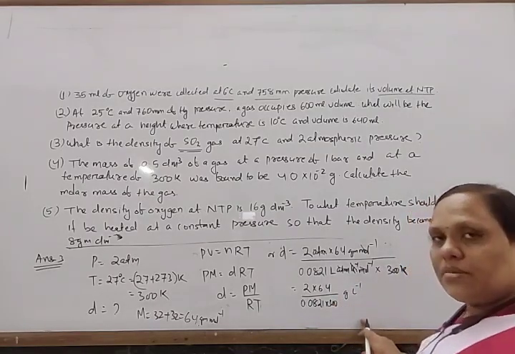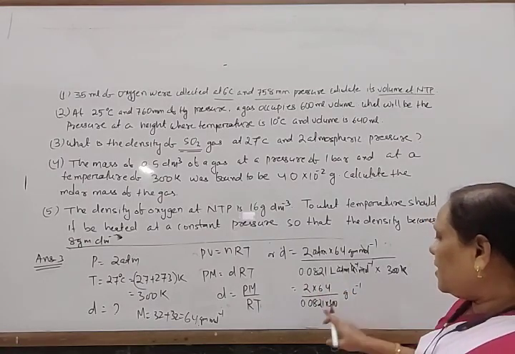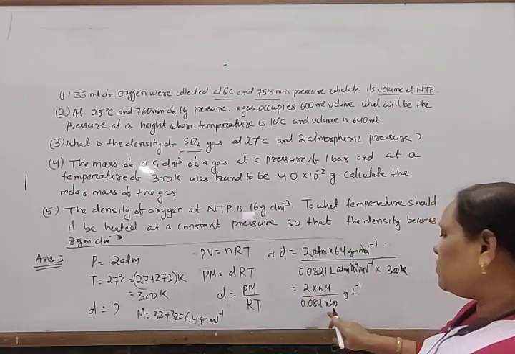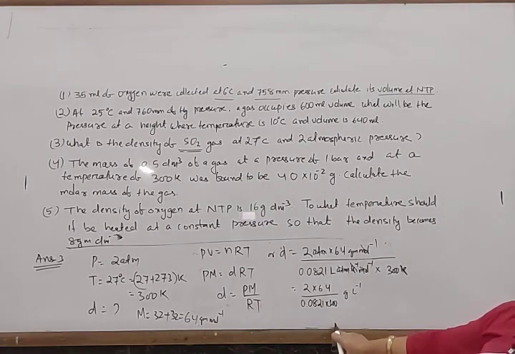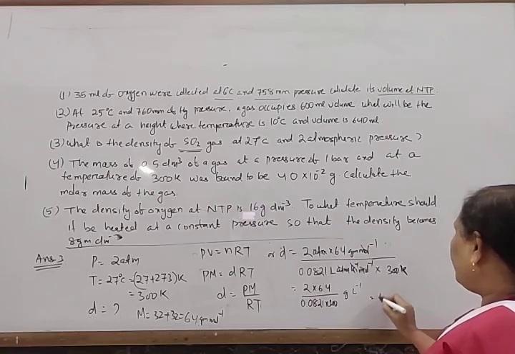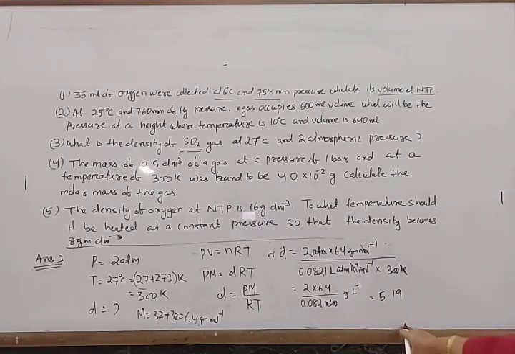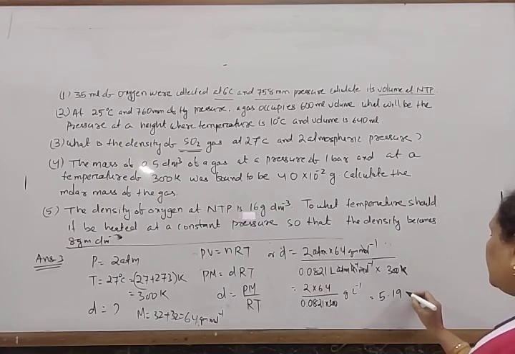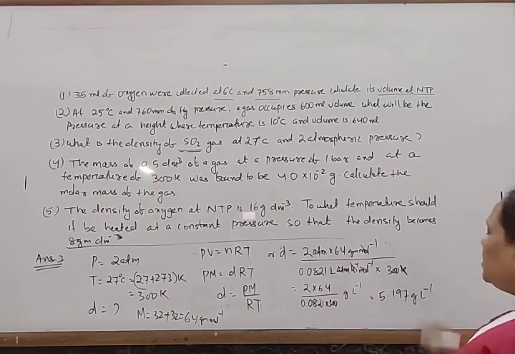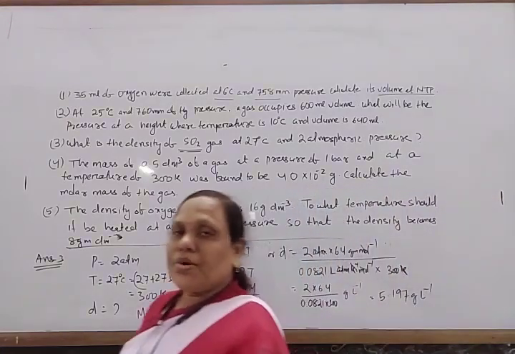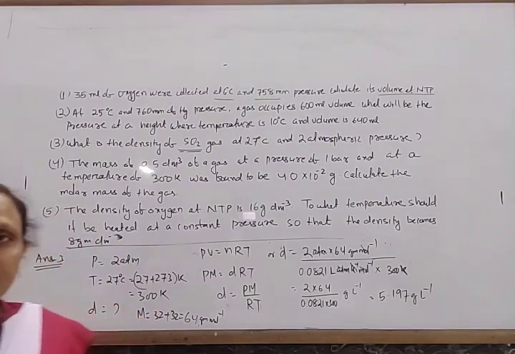Only gram liter inverse remains. Multiply this and divide by 0.0821 and 300, and you will find the answer is 5.197 gram liter inverse.